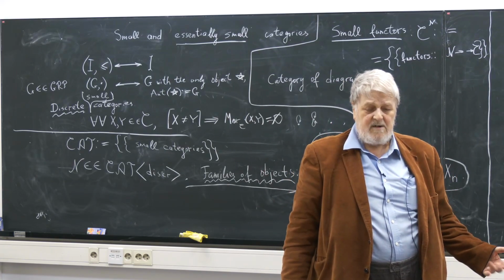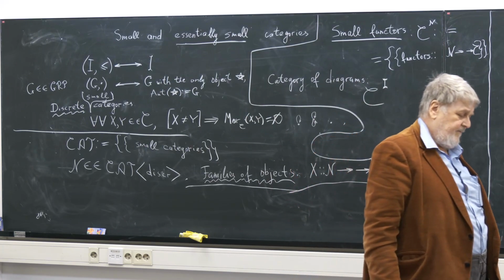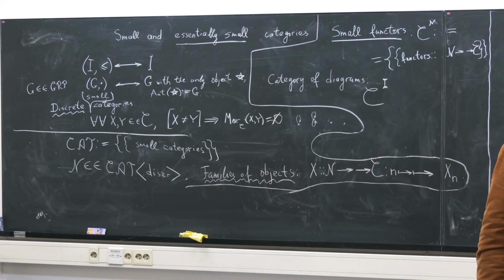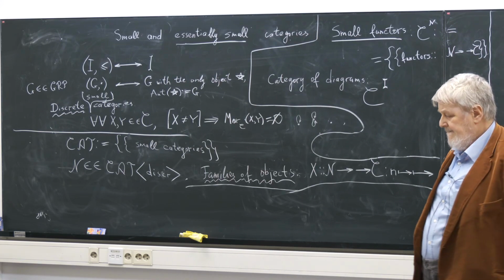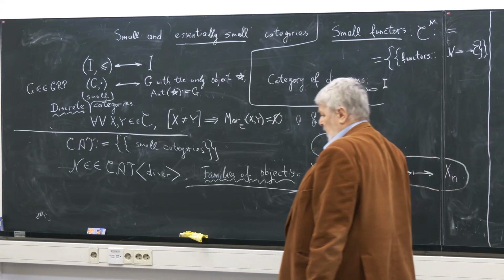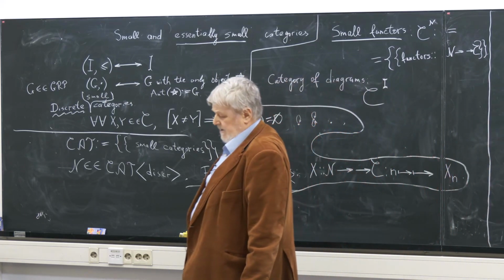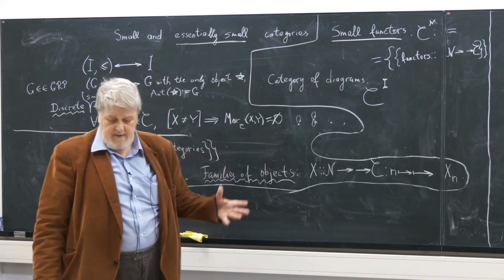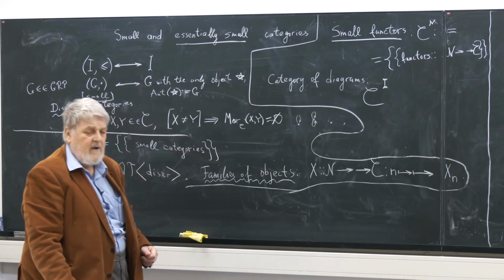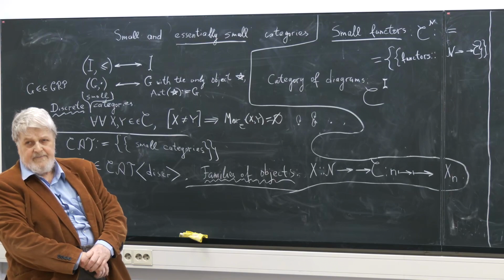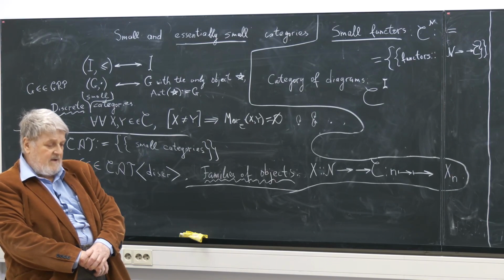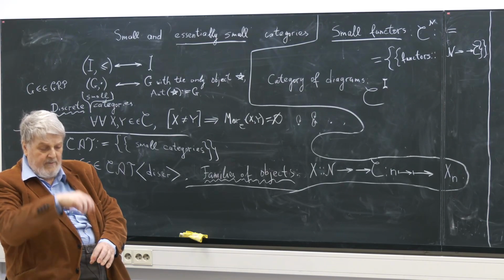Of course, the diagram is nothing but the directed graph, and in the same way the partially ordered set, and the category of diagrams like this is sometimes a very convenient object.